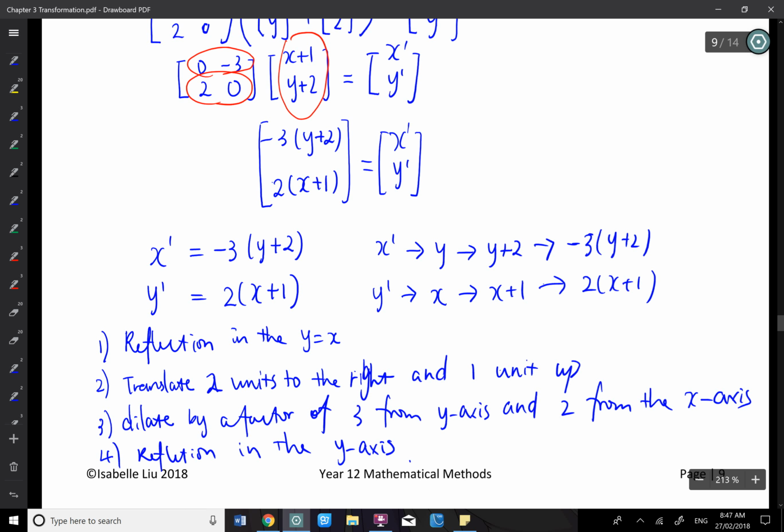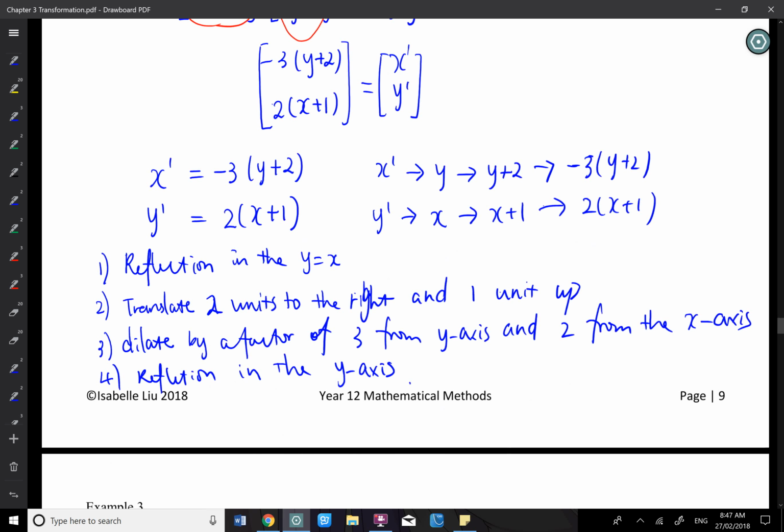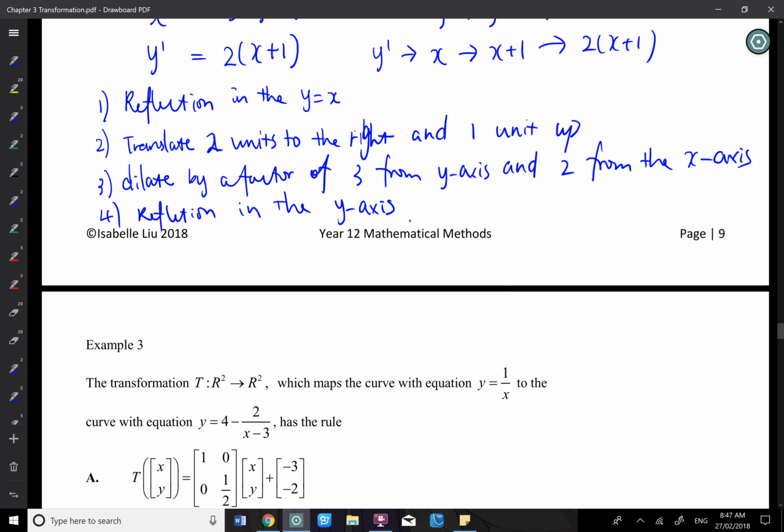Or you can swap number 3 and number 4. Well, I don't really need you to know how to describe it. I just explain to you how this works. So there are actually 4 transformation steps happening in one simple matrix. That's why I said it's very hard to see what it actually is. We can just use the equation to expand it and then do whatever we need.